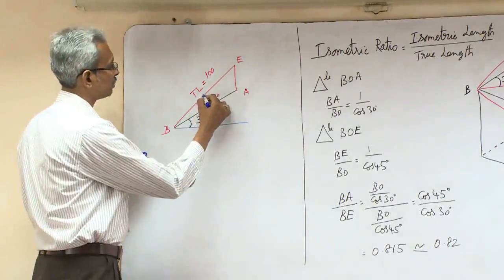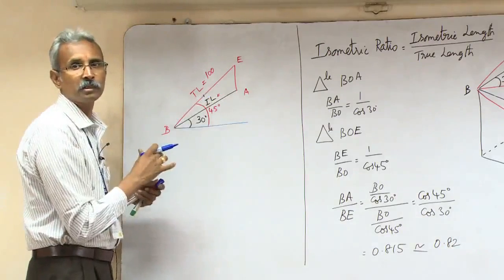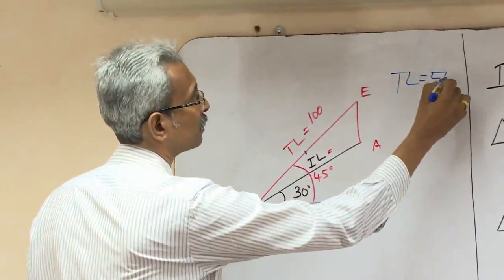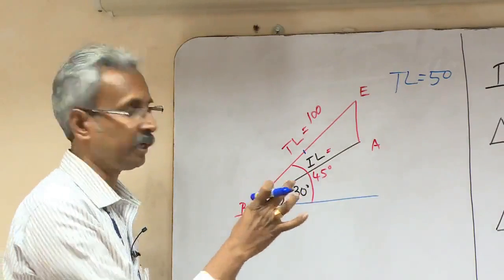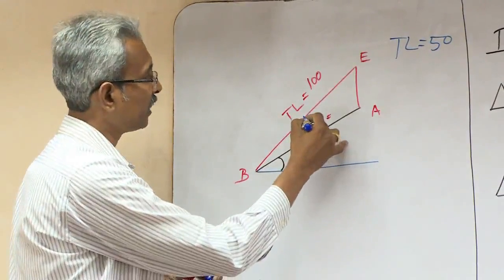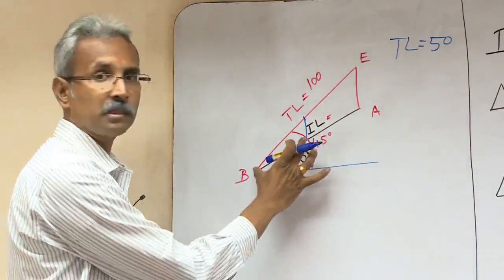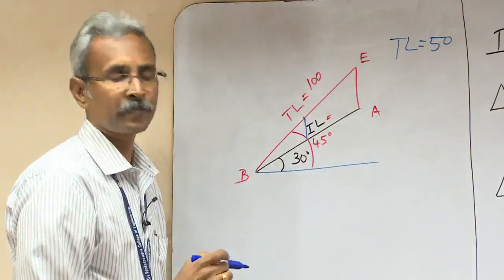Half of this is 50 millimeters, that's a true length. I take 50 millimeters and mark here, and then from that point drop a vertical line. Now when I measure this distance, it will be the isometric length of this true length.